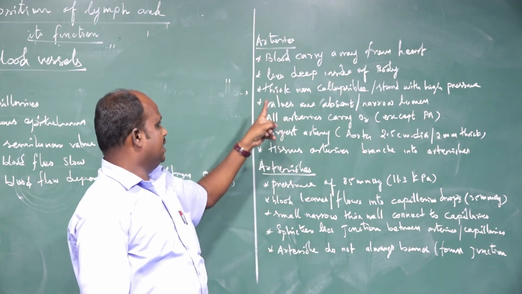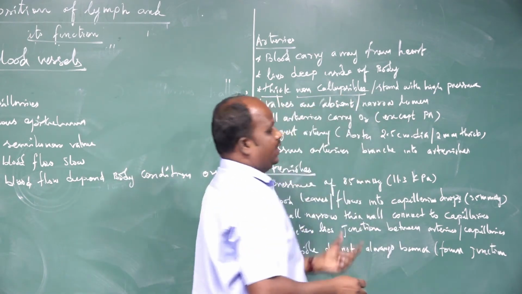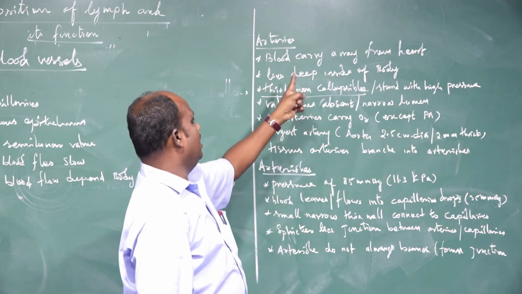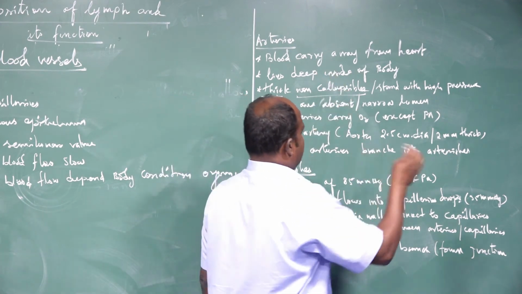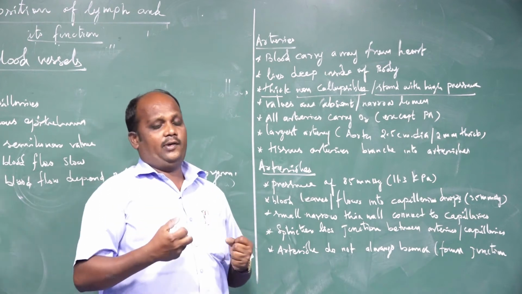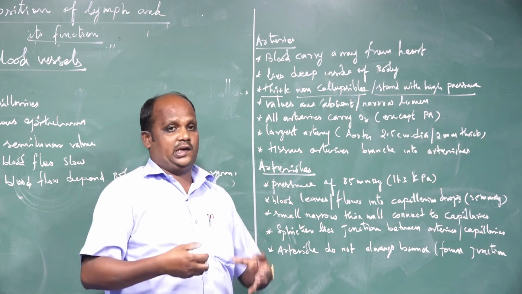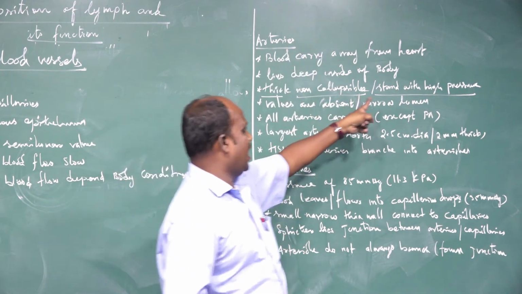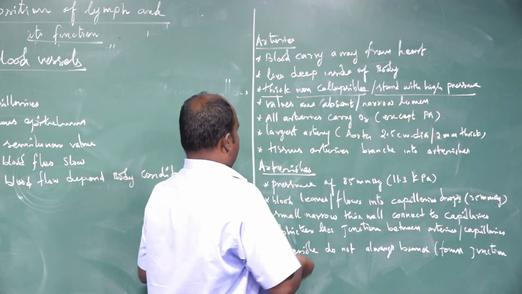Artery blood vessels are thick, non-collapsible structures, very strong, and they withstand high pressure. Because whenever we are alive, pressure always comes out from the heart, and all that pressure is received by the artery blood vessels.